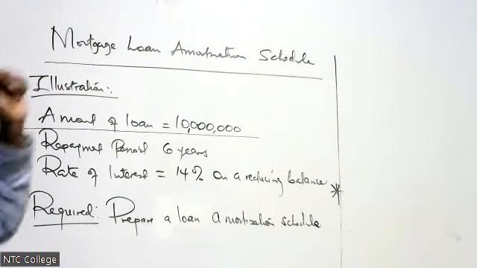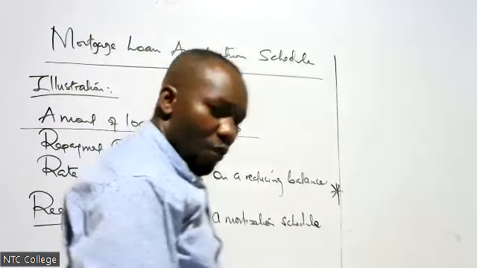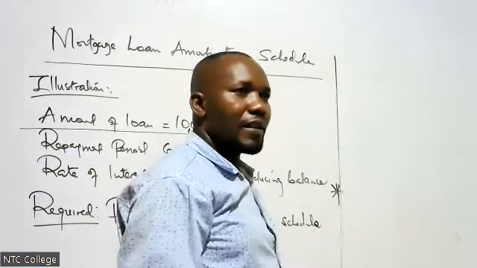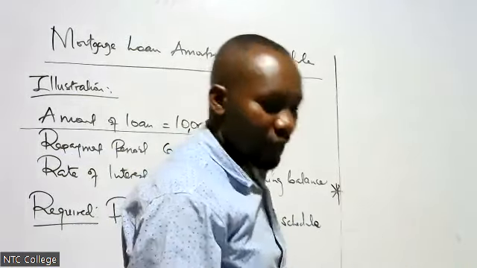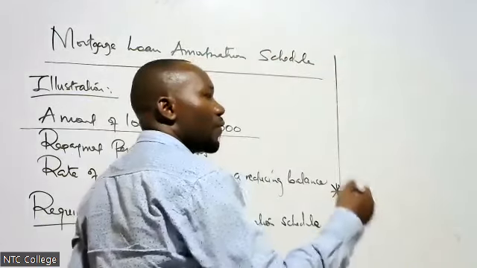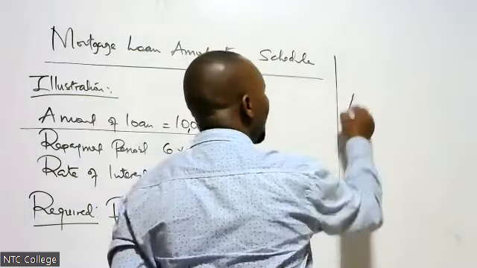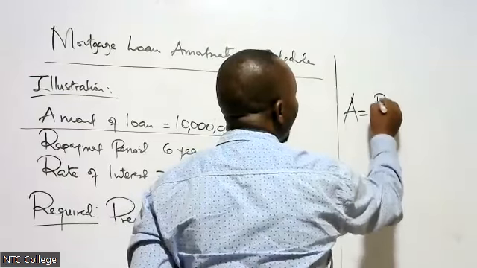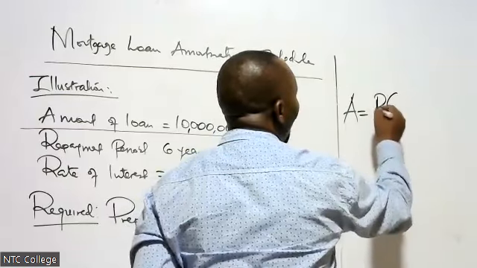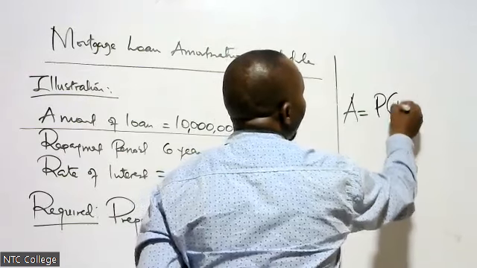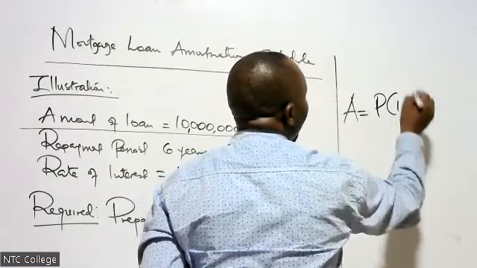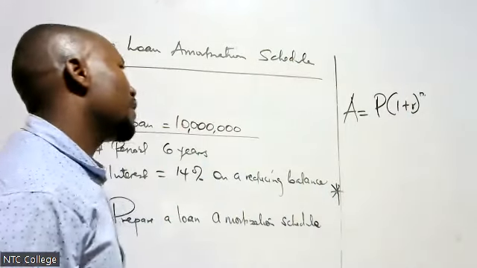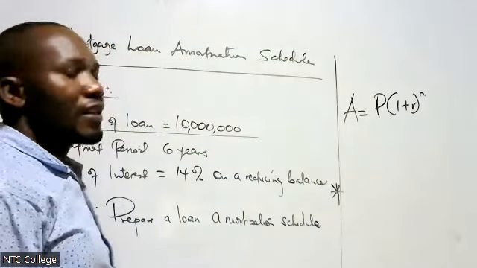Now, I'm coming to this side. When you want to invest regularly, let's say that you want to put a fixed deposit, you always know the amount that you're placing, but you don't know what you're going to have at the end. So the total amount is the amount that you place times 1 plus R, 1 plus R into N. That is how we do it.